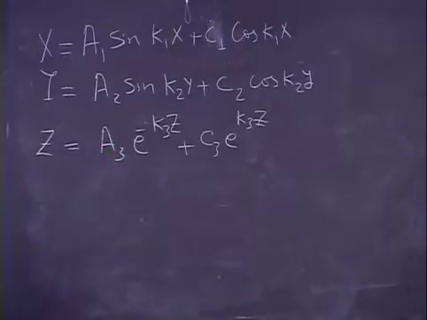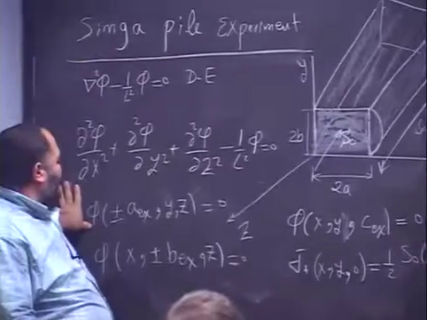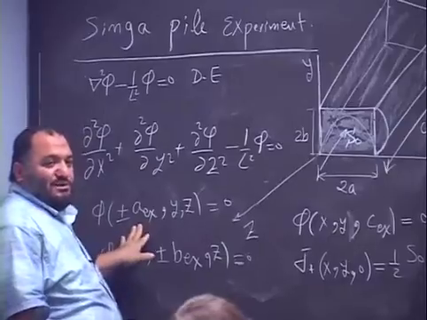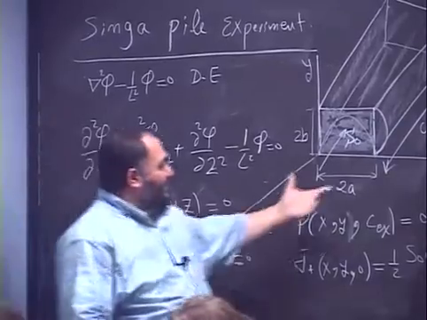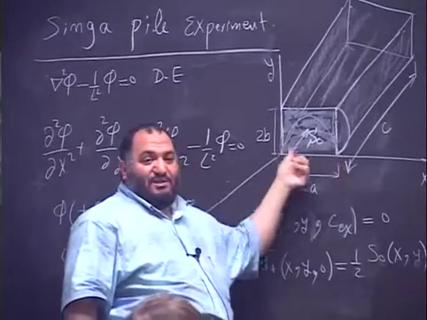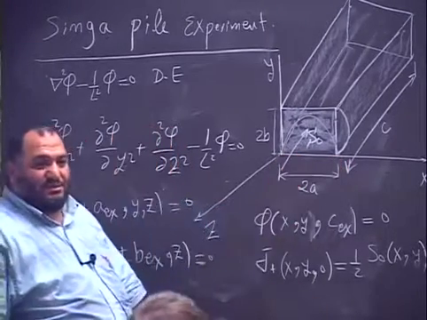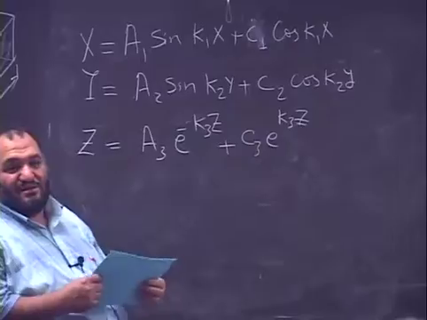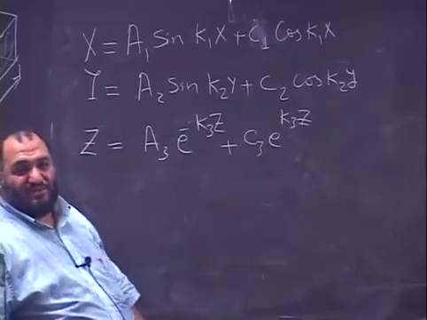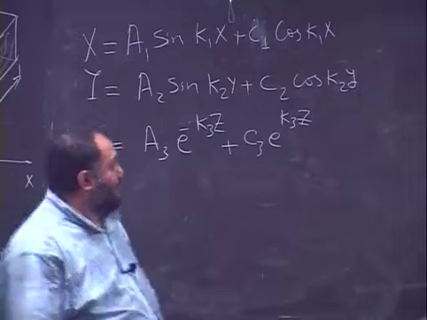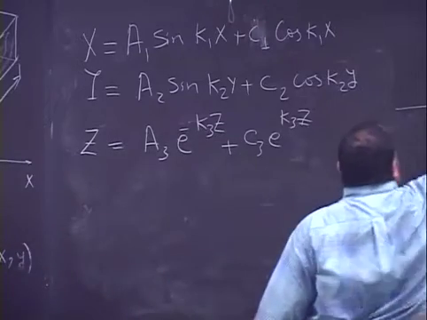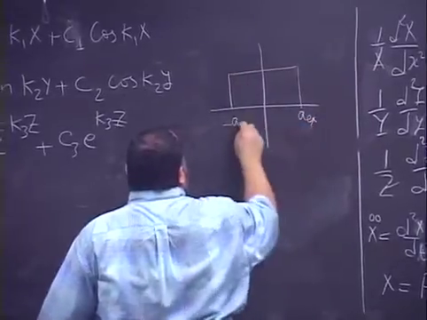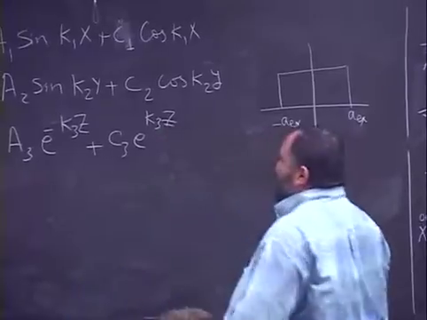Here, boundary conditions. Phi at plus or minus a extrapolated, which is x equal to a extrapolated, should be equal to 0. The flux in the x direction at plus a and minus a should be equal to 0.